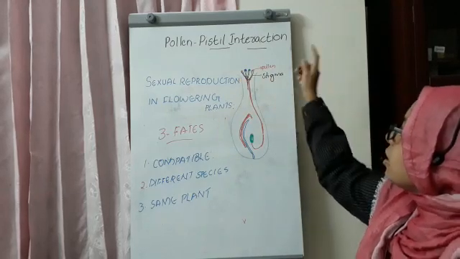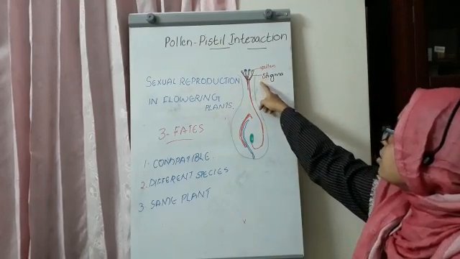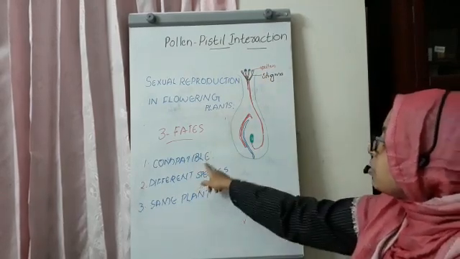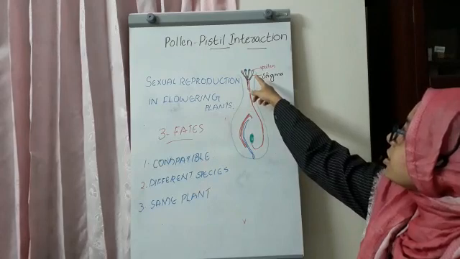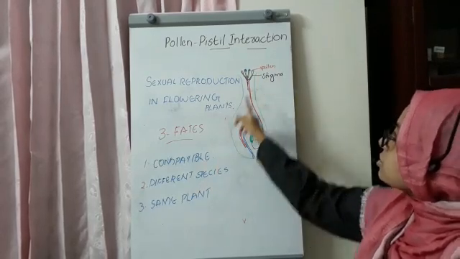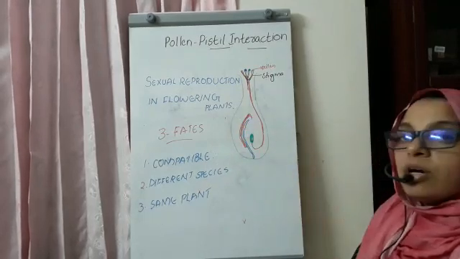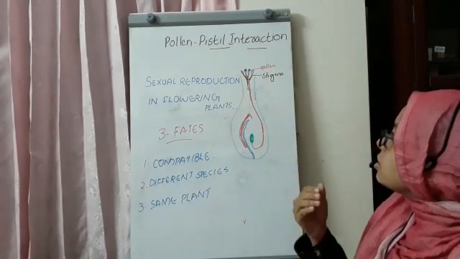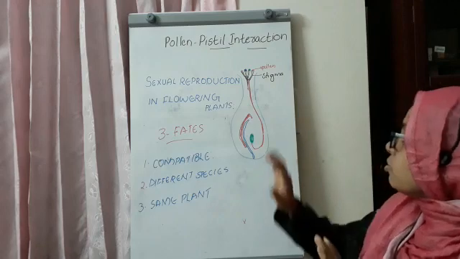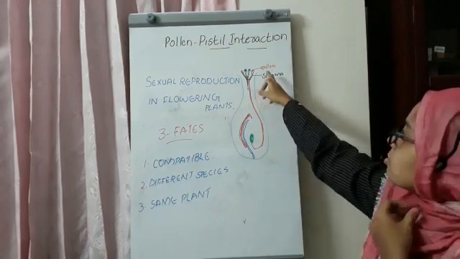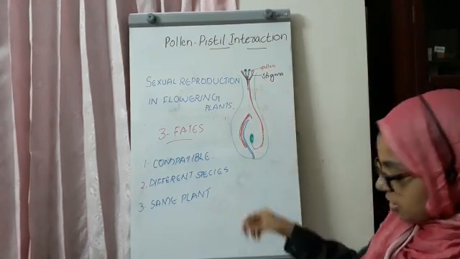For example, I showed the red pollen, which is compatible. The green pollen is incompatible, coming from a different species. The blue pollen is also incompatible, coming from the same plant. So no fertilization occurs; only with the compatible pollen does fertilization occur.